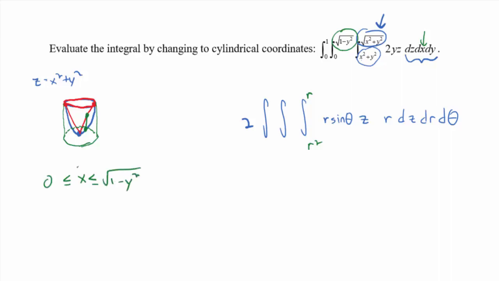If you take this boundary equation given by the upper limit on x, symbolically you can recognize it as part of a circle by squaring both sides and putting it in standard form. If you square both sides, you get x squared equals 1 minus y squared, and adding y squared to both sides, you get x squared plus y squared equals 1. So that's a circle of radius 1.